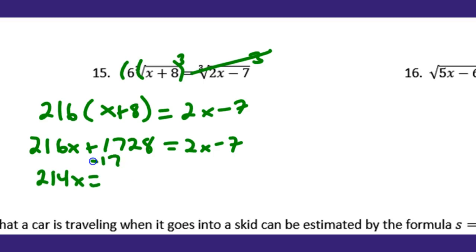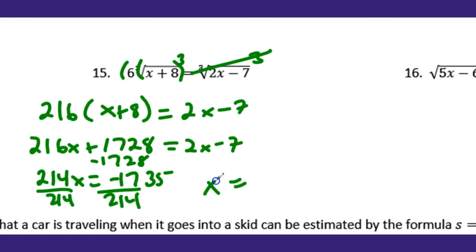And then I'm going to subtract 1,728 on both sides. And that gives us negative 1,735. And then we're just going to divide both sides by 214. We get x equals, let's see here.